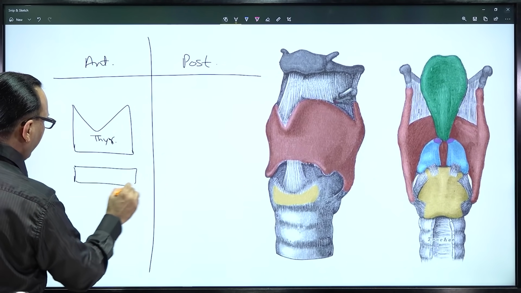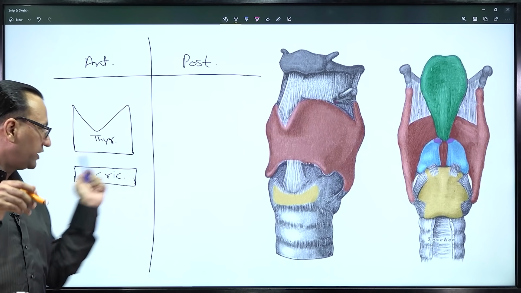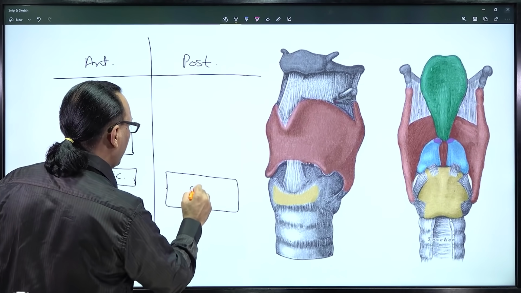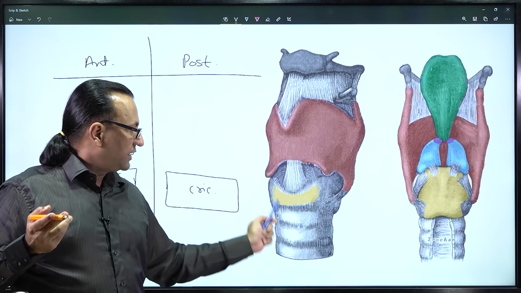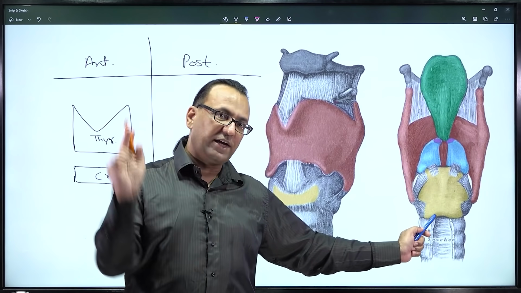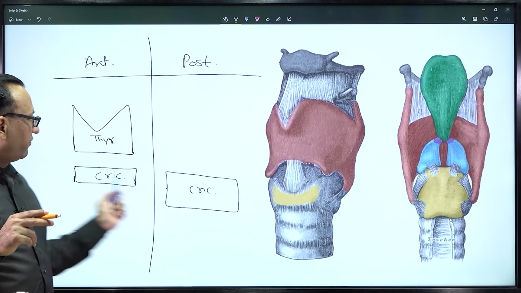Now, this is the cricoid cartilage, which is actually a ring-shaped cartilage. So it is not only seen anteriorly, but also posteriorly, though posteriorly it will be seen larger. As you can see here, anteriorly it is narrow, posteriorly it is large.